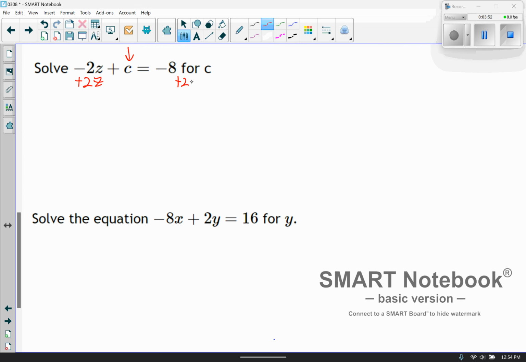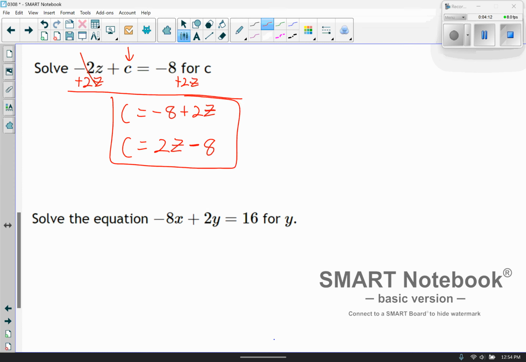So then I need to add 2z over here. So that cancels out. I'm left with c equals negative 8 plus 2z. So I can't add those together because they're not like terms. I have to keep them separate. By the way, you could have put the 2z in the front and then put a minus 8 on the back. Either one's fine. Either one is good.